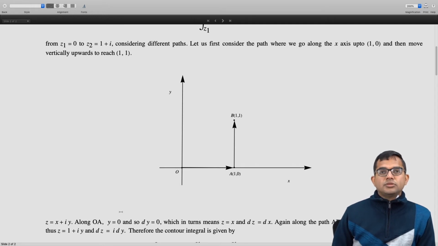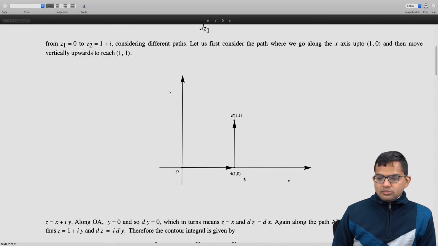So dy is equal to 0. If I write z as x plus iy, and y is equal to 0, so basically z is equal to x as far as the path 0 to A is concerned, which means I can replace z by x and I can replace dz by dx, and x of course goes from 0 to 1.